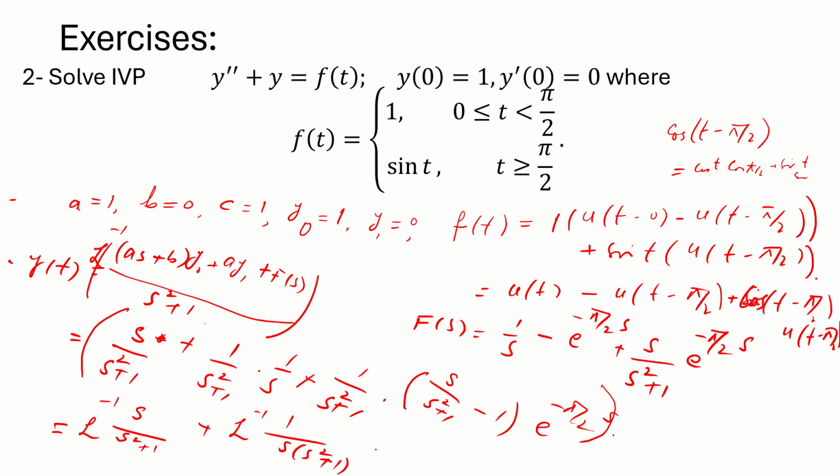We may write that one as Laplace inverse of s divided by s square plus 1 whole square into e power minus pi by 2s, and Laplace inverse of e power minus pi by 2s divided by s square plus 1 whole square.